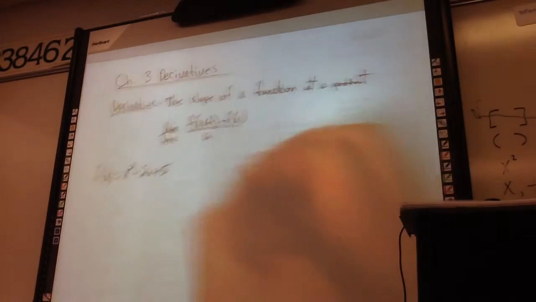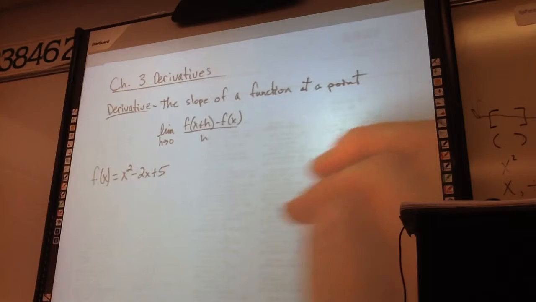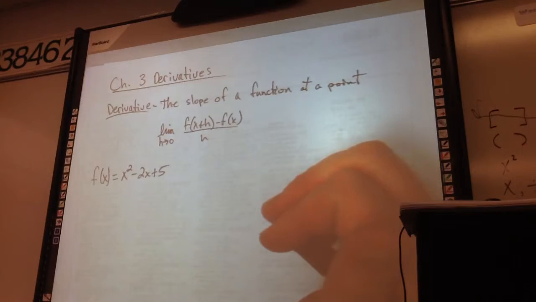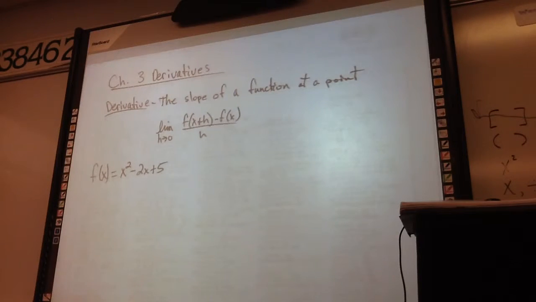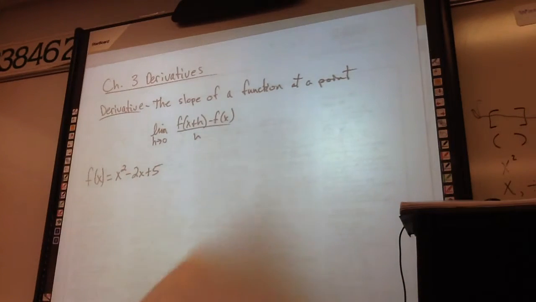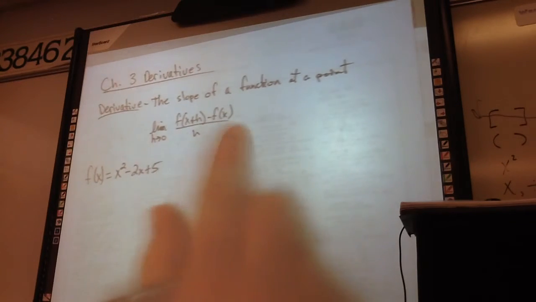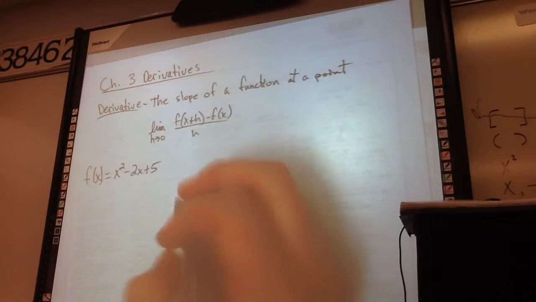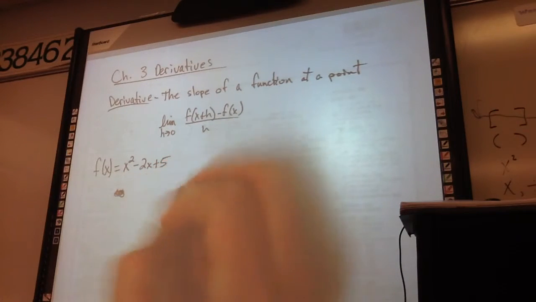So we can choose any point? No, you're just going to use x. Instead of 4 or 5 or 6, you just use x, and you're going to have a whole bunch of letters. So you're changing y over changing x now. It's going to be a little different.